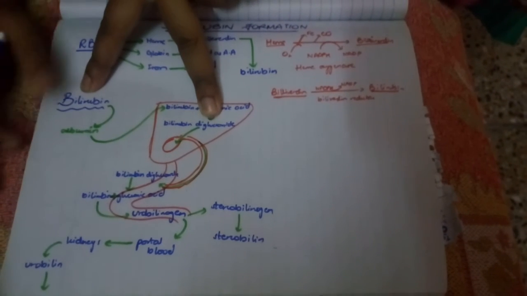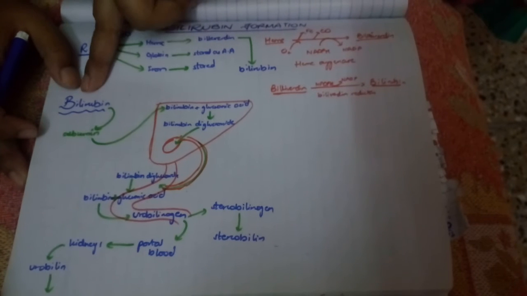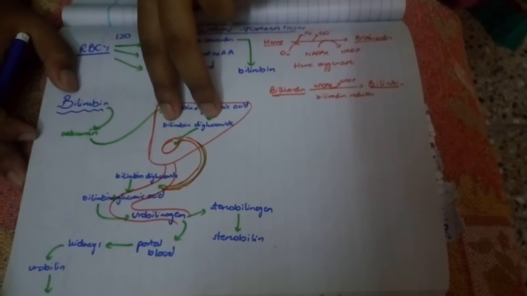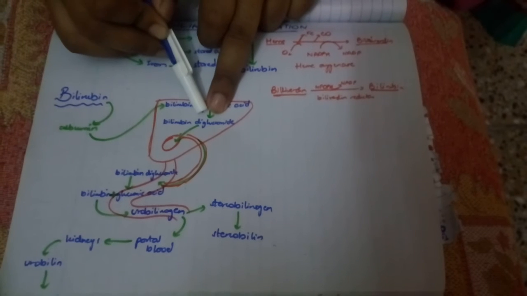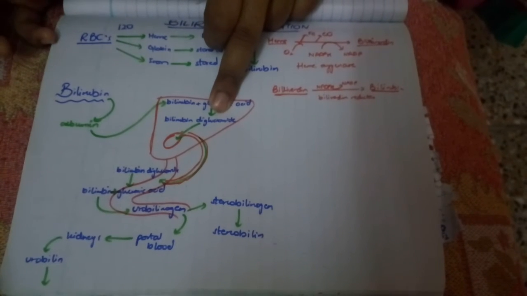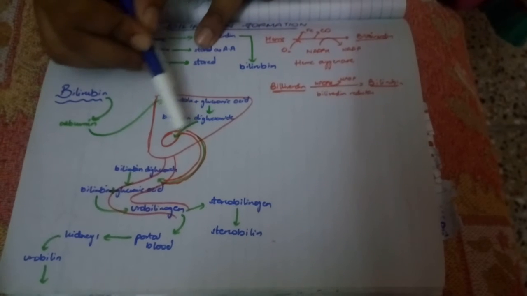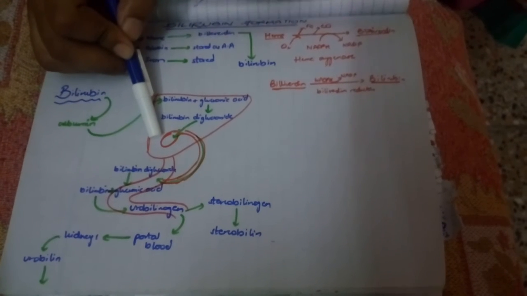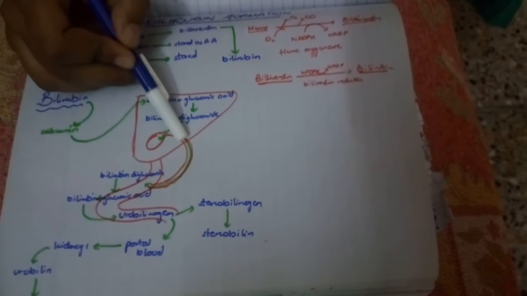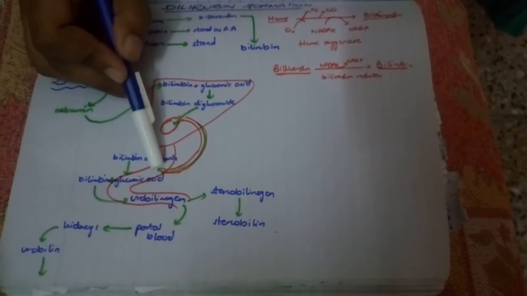Now this bilirubin is very easy to travel. Individually it was a lipid soluble molecule and was not able to travel in the plasma, but now bilirubin diglucuronide is a water soluble thing. It can easily travel in plasma without the aid of albumin. Now albumin is kicked off from the whole story. Bilirubin diglucuronide then goes into the bile, which is present here. Through the common bile duct, it is released into the small intestine of our body.